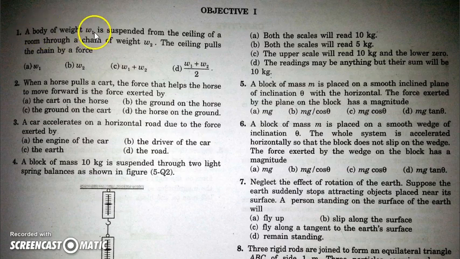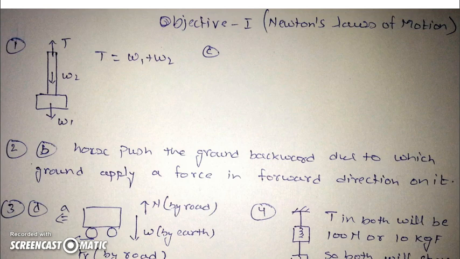Let's start with question number 1. A body of weight W1 is suspended from the ceiling with a chain of weight W2. The ceiling pulls the chain with a force, obviously W1 plus W2, because that will be the total force borne by the ceiling, or you can just have a look at the diagram.